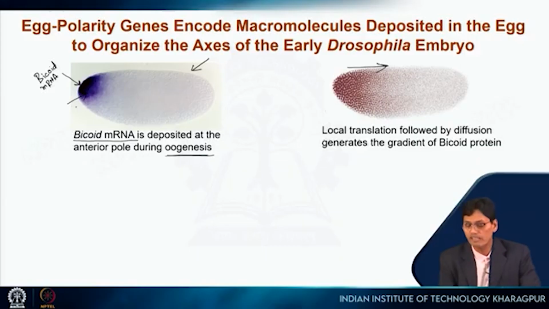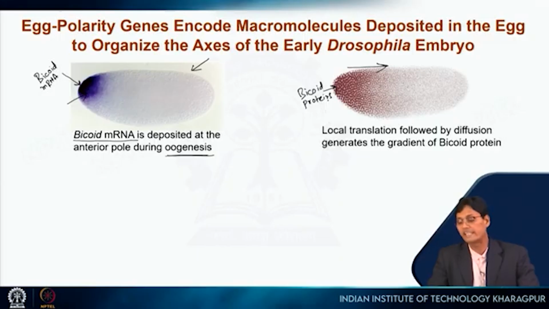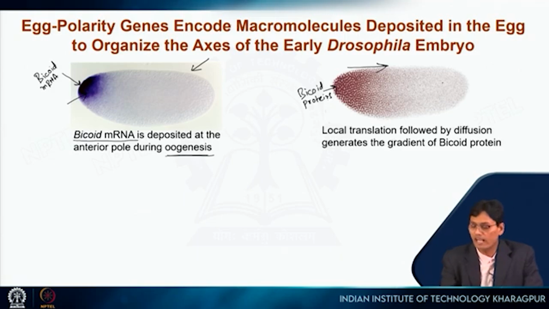As a result, you can see here these are bicoid protein molecules. This local translation followed by diffusion generates the gradient of bicoid protein. As a result, here you have a very small amount of bicoid protein.